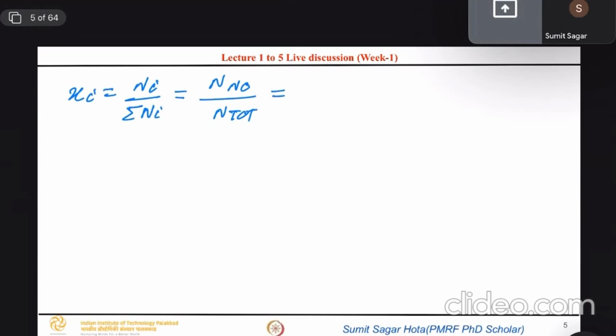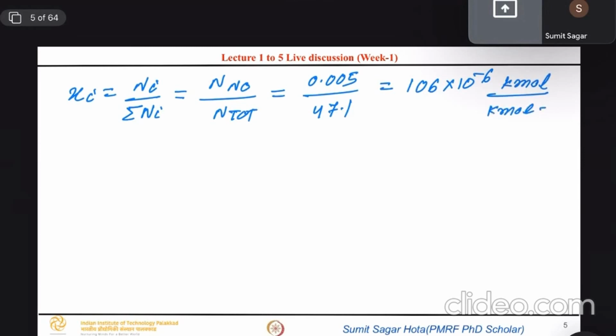The number of moles of this species is already given. The total number of moles is 47.1, which we already calculated. The value comes out to be 106 times 10 to the power minus 6 kilomole per kilomole of mixture.